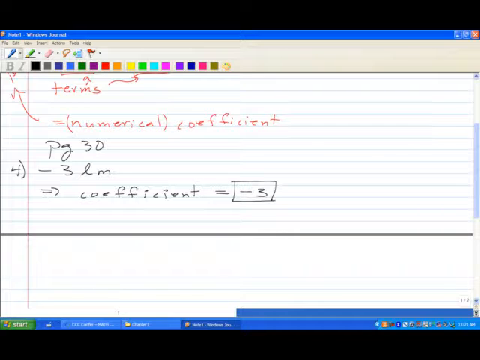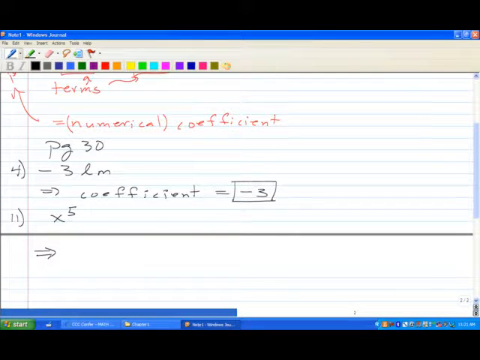Let me do problem number 11, x to the fifth. In this case, we don't explicitly have a number multiplying the variable part, x to the fifth.